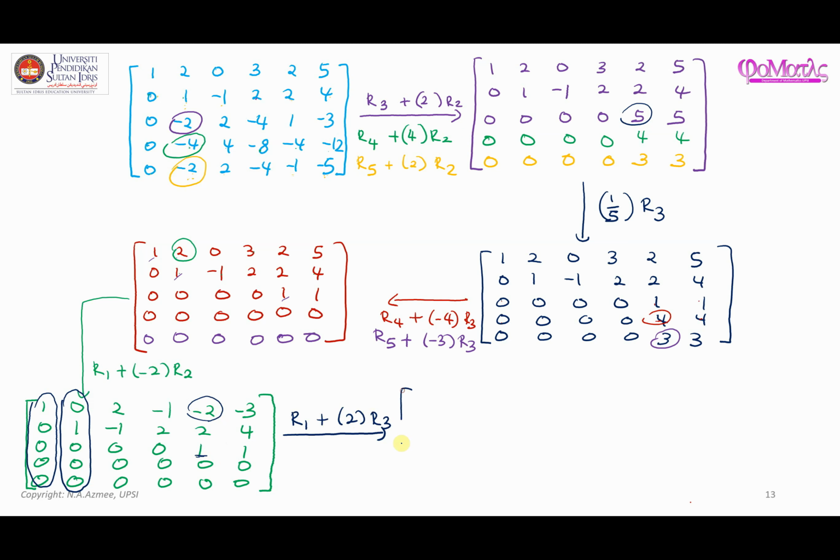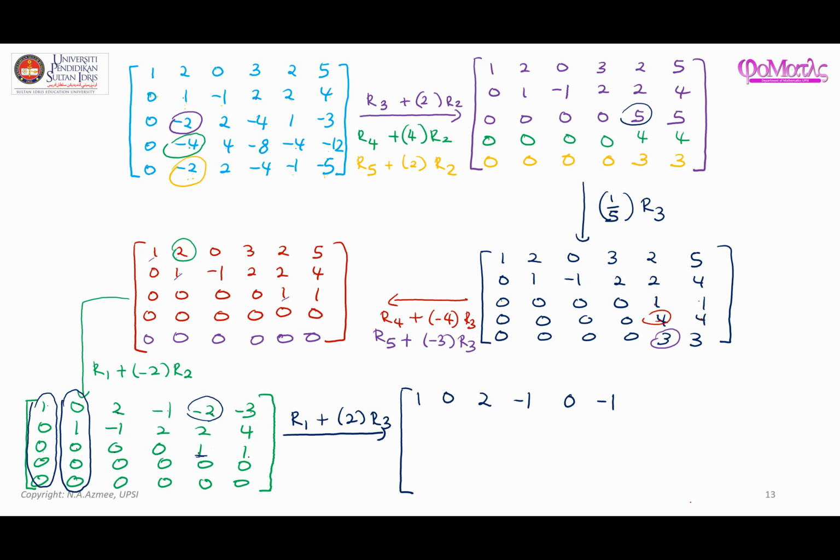So it will be 1, 0 is 0, 2, 0 is 2, -1, 0 is still -1, -2 plus 2 is 0, -3 plus 2 is -1.